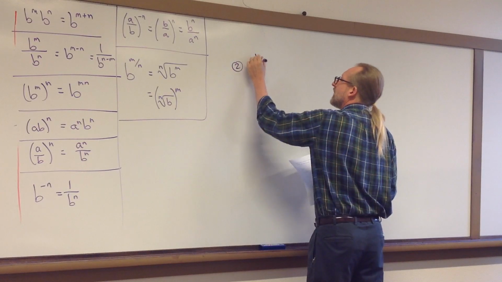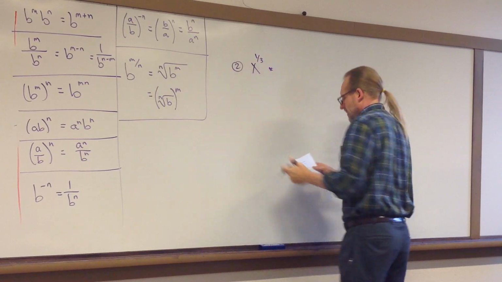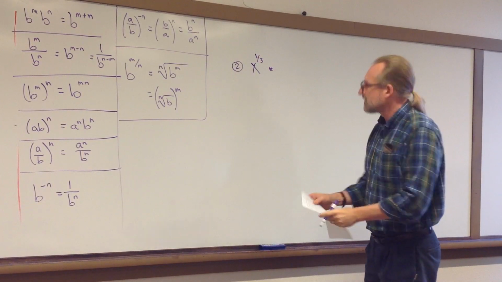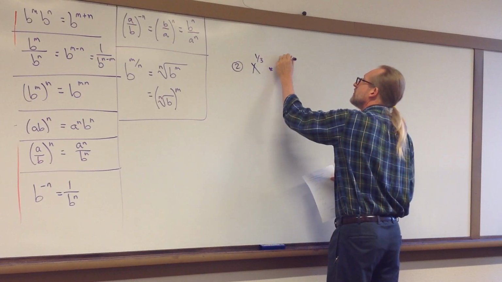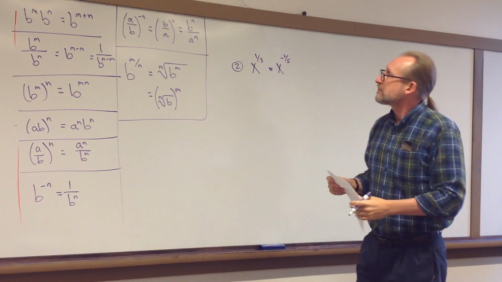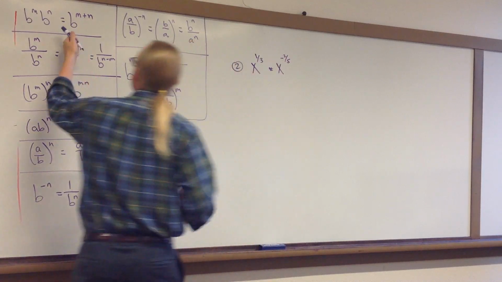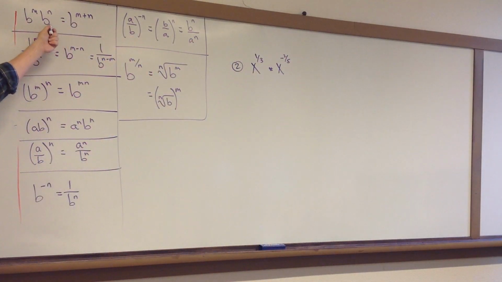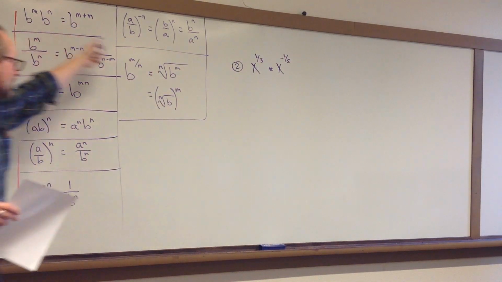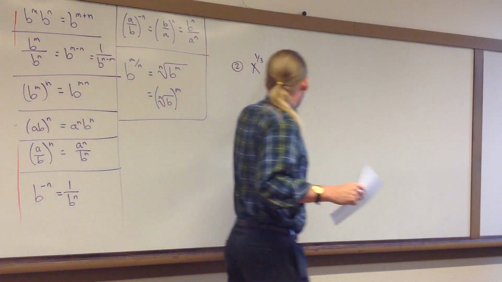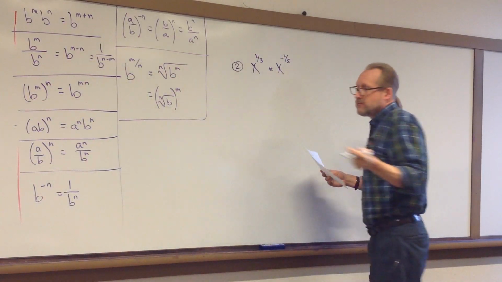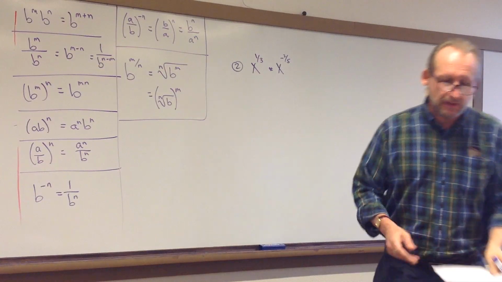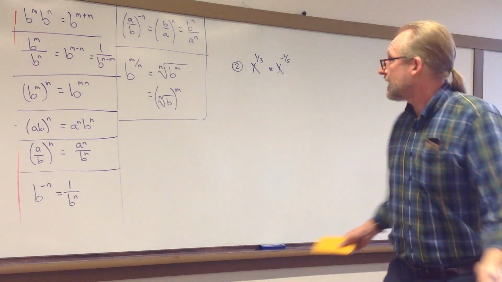So let's see. We've got x to the 1/3 times x to the negative 2/5. Okay? So this is really nothing more than this rule right here, right? And so we just want to add these together. 1/3 plus negative 2/5, or 1/3 minus 2/5, depending on how you want to look at that.